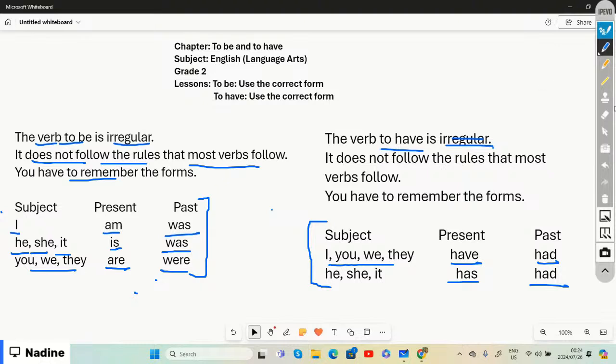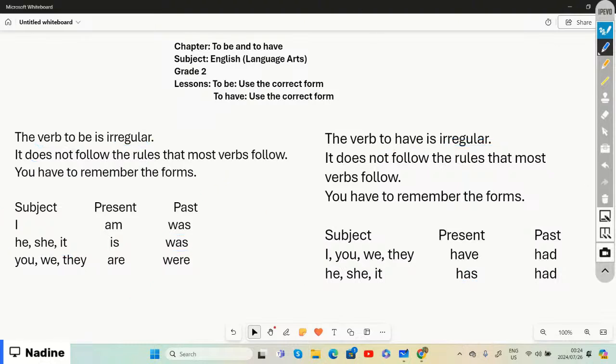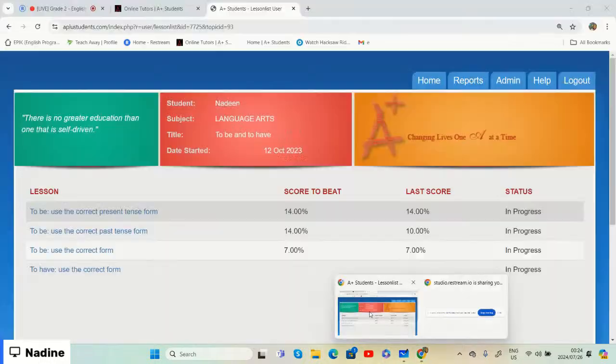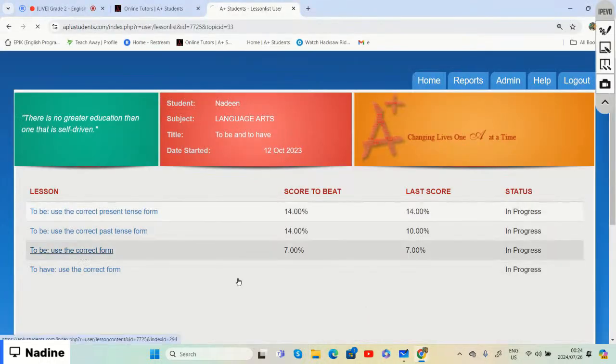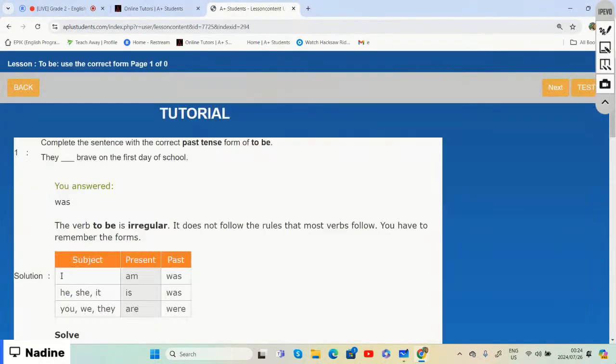So now we're going to aplusstudents.ca, and we are going to use the correct form of to be.